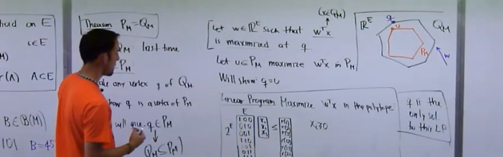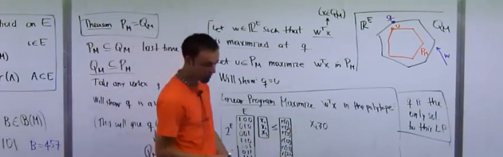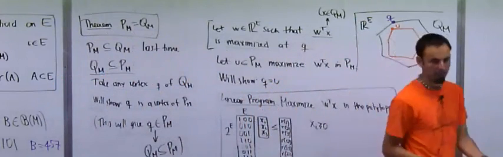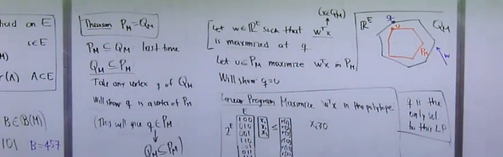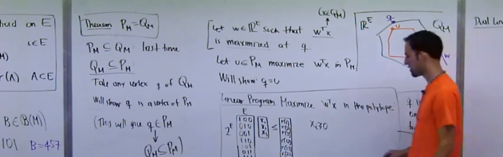Okay. And so I'm going to write now the dual linear program and see what that looks like. Well, let's figure out what each thing is here.